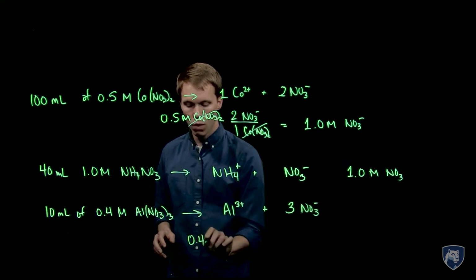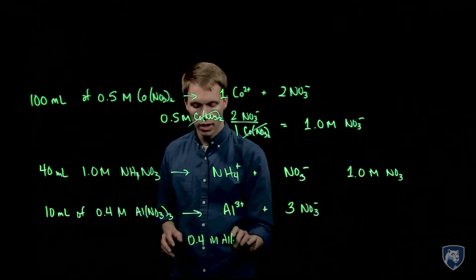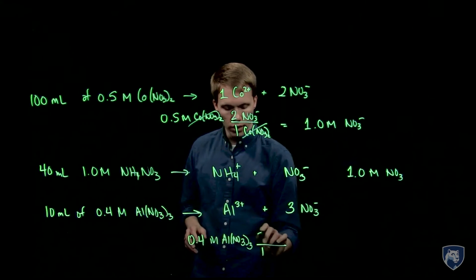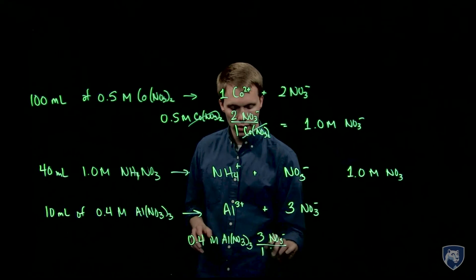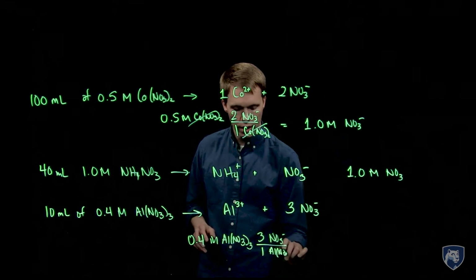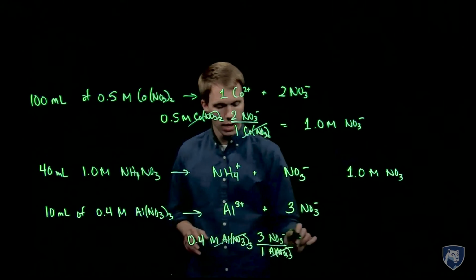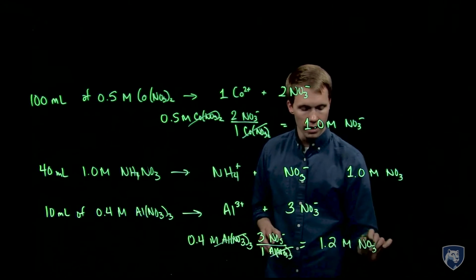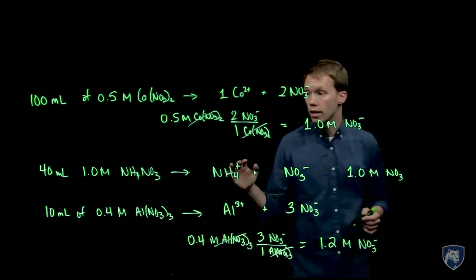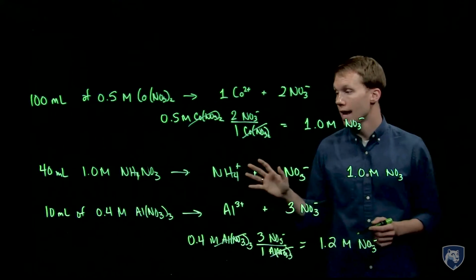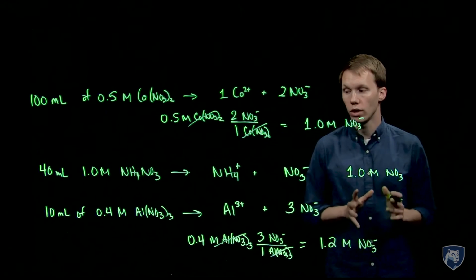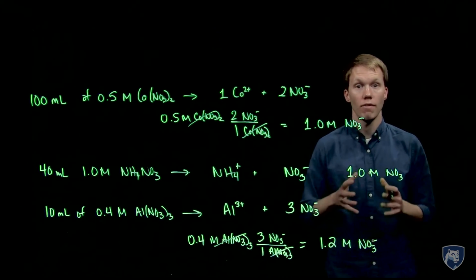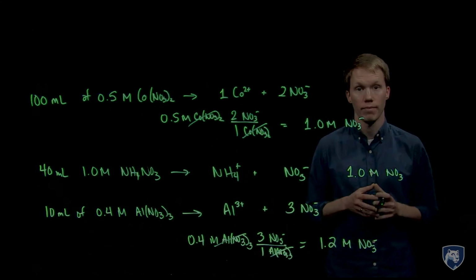So I have 0.4 molar aluminum nitrate, and it's 1 to 3, like I said, NO3- to Al(NO3)3, so that cancels out. I end up with 1.2 molar NO3- ions. So the answer option C there, where we have 10 mL of a 0.4 molar aluminum nitrate solution, will have the highest concentration of nitrate ions in that sample.